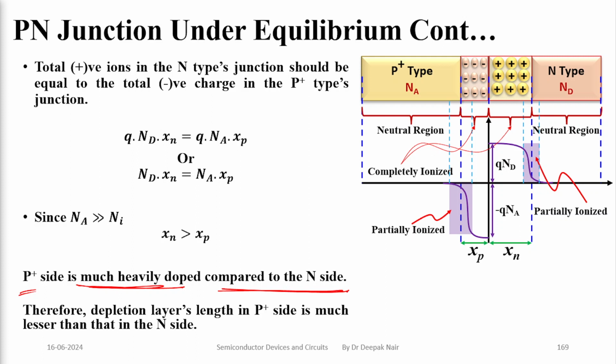This is the reason why we have assumed that the doping in the p-type region is much greater than in the n-type region, because otherwise all these variables will become equal in nature.